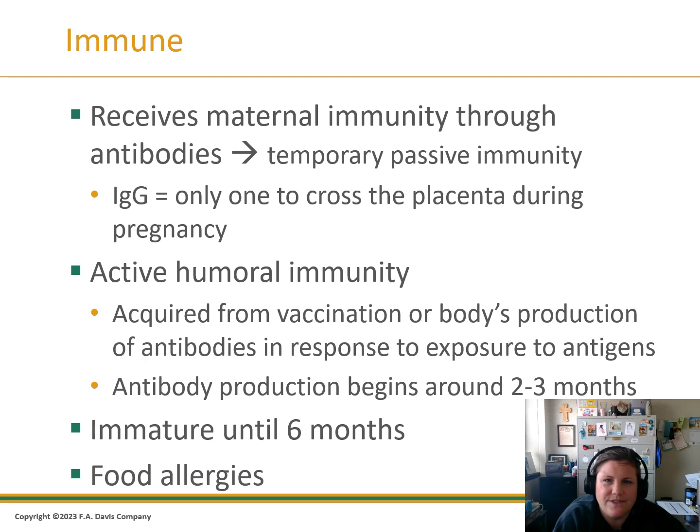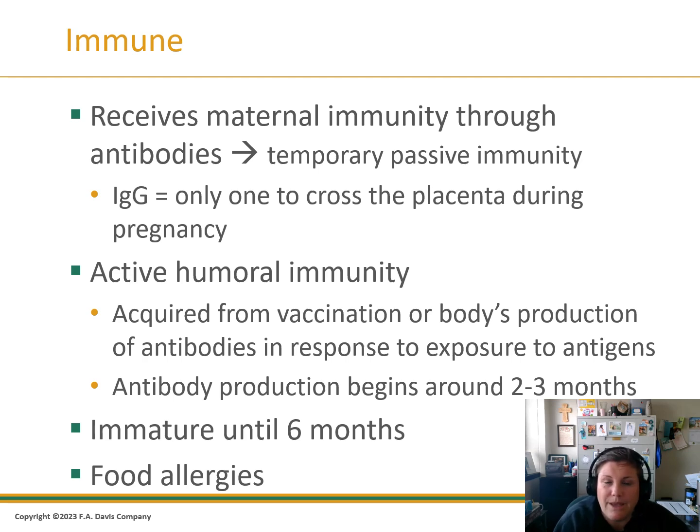So when we're talking about the infant's immune system, it is not going to be considered fully developed until the child is 6 months old. Beginning at about ages 2 to 3 months, the body starts to produce its own antibodies, but it's still going to be an immature immune system for some time.